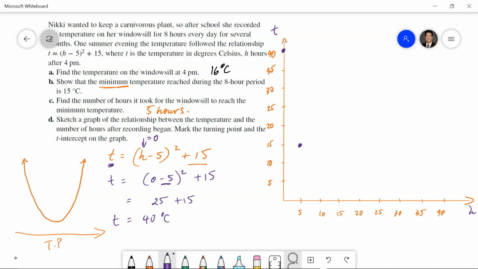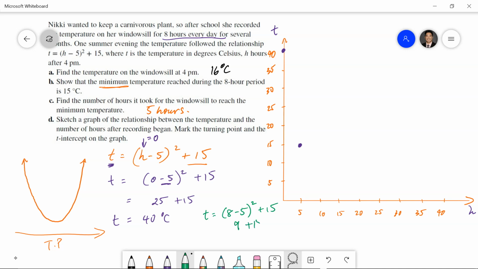And for, say, the 8 hours, because that is how long it's going for, we're going to see what happens at 8 hours. So we're going to substitute the value of 8 into H. Okay, so we've got T is equal to 8 minus 5 all squared plus 15. 8 minus 5 is 3. 3 squared is 9.